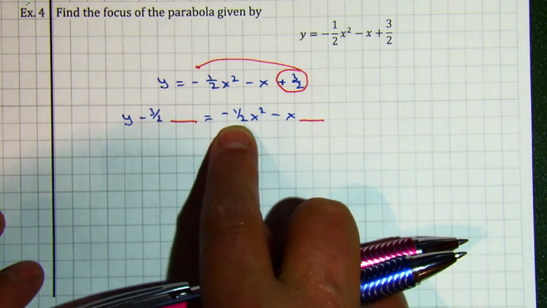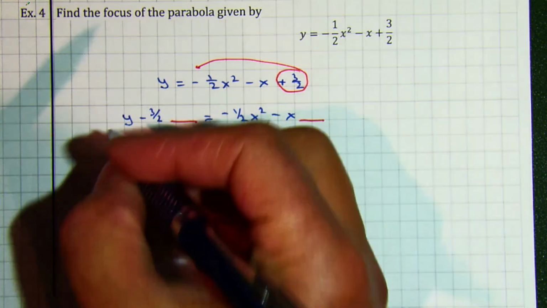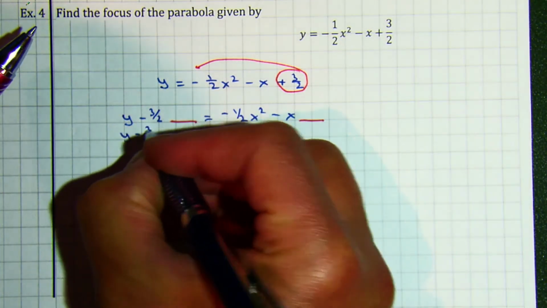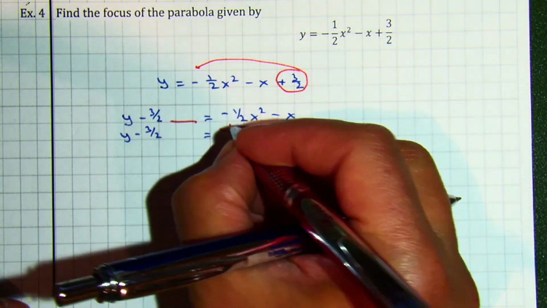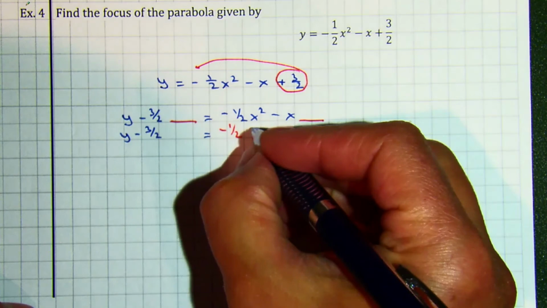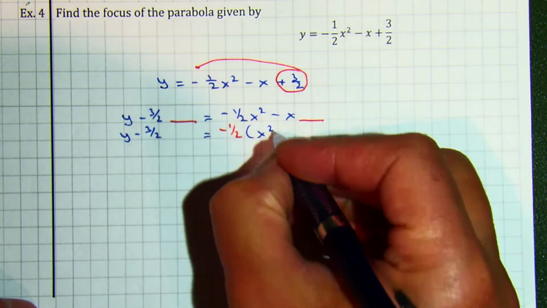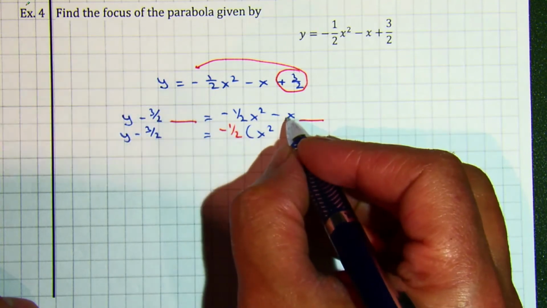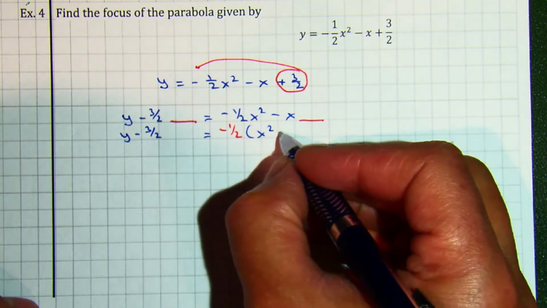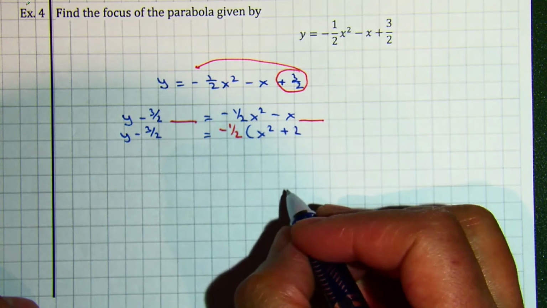So I'm going to factor out a negative 1/2. And what's left behind? Negative 1/2 times x squared gives you negative 1/2 x squared. Negative 1/2 times what gives you negative 1? It will be positive 2x.